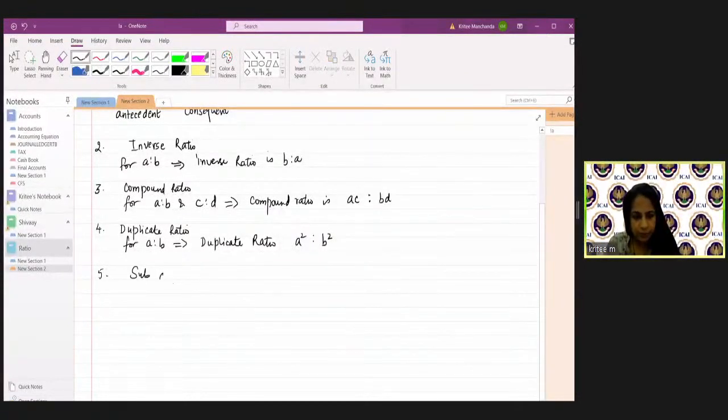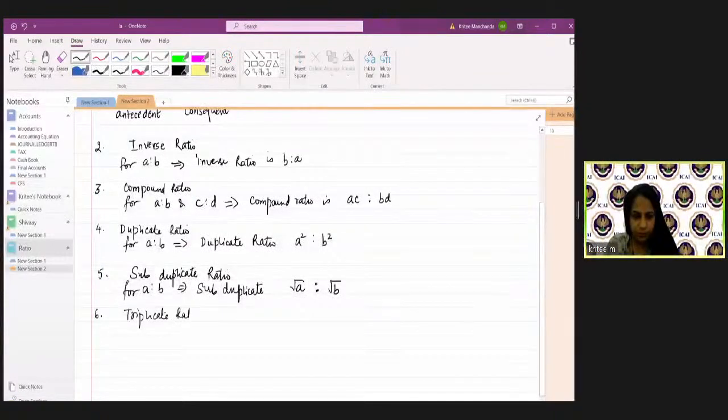Subduplicate. Again, for A is to B, its subduplicate is square root of A is to square root of B. Triplicate ratio: for A is to B, the triplicate ratio is A cube is to B cube.